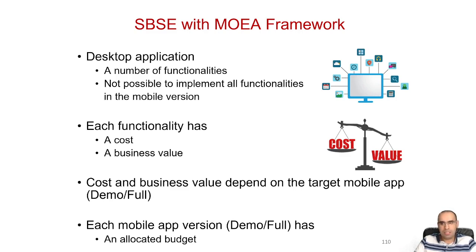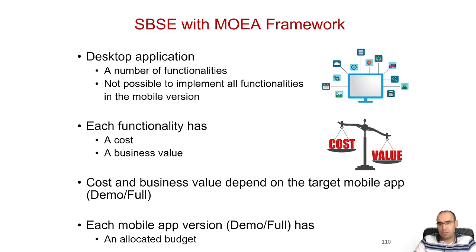This is common in commercial software applications, as the paid version typically provides better quality of service and may have additional non-functional requirements such as security, performance, and other quality of service related aspects. Finally, each version has its own allocated budget.